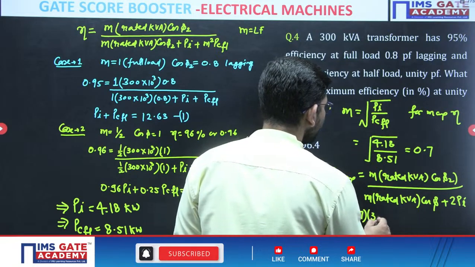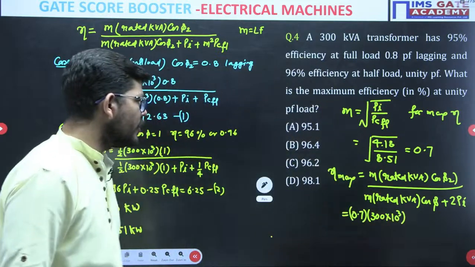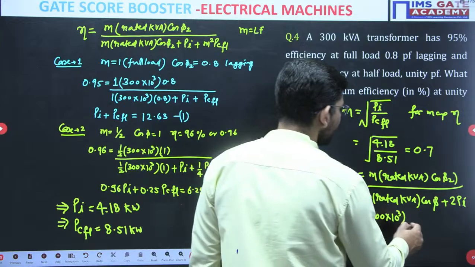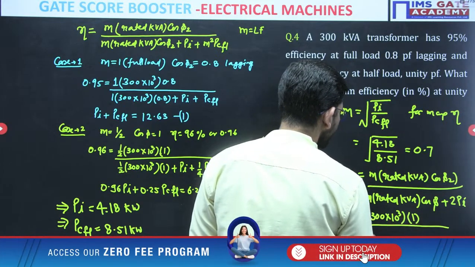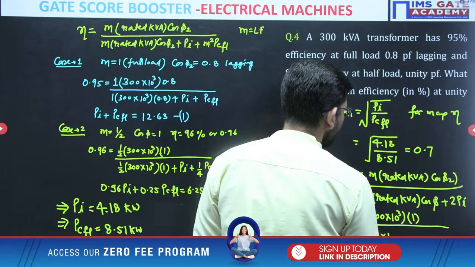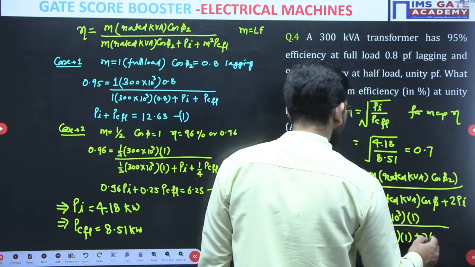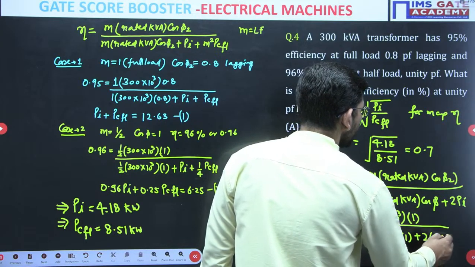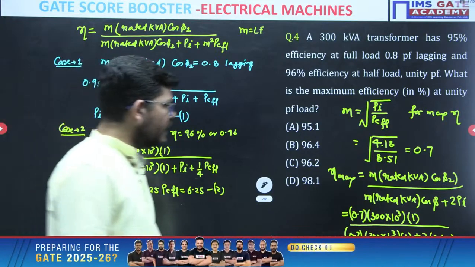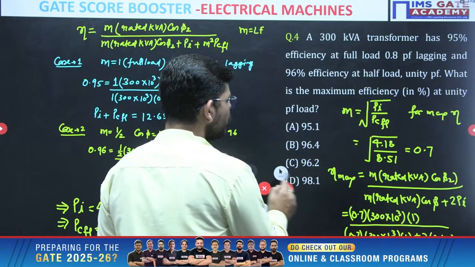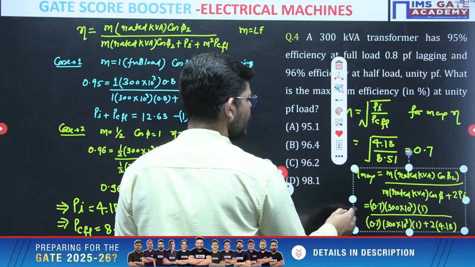What is rated kVA? 300 into 10 to the power 3, okay? Power factor at which we have to calculate is 1. Repeat the same data, plus 2 times the iron losses that we have, which are 4.18, okay?